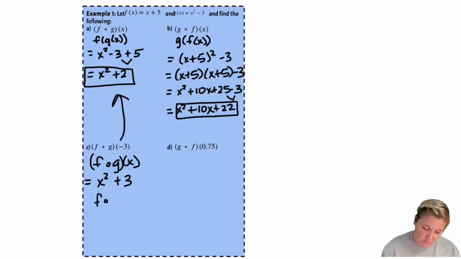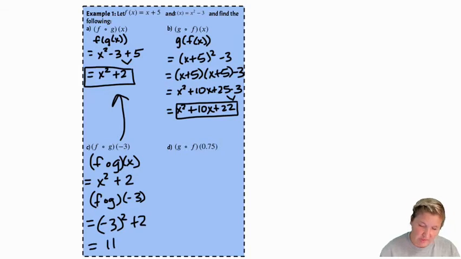So f composed of g of negative 3, I wrote a 3, is going to be negative 3 squared plus 2, which is going to be 11. It's really nice that we composed first. If you didn't compose first, because there wasn't a general answer, then you would have to compose first, then sub in, or you could do it all at once as well.